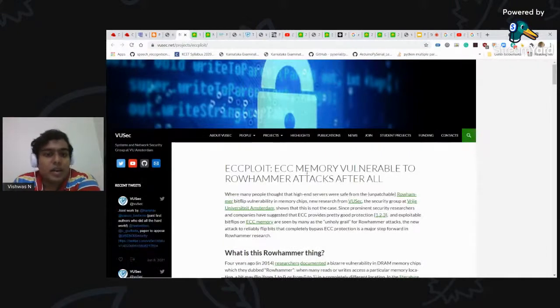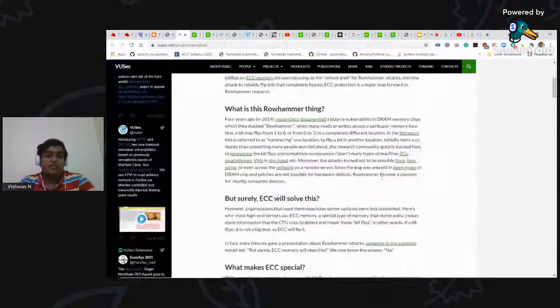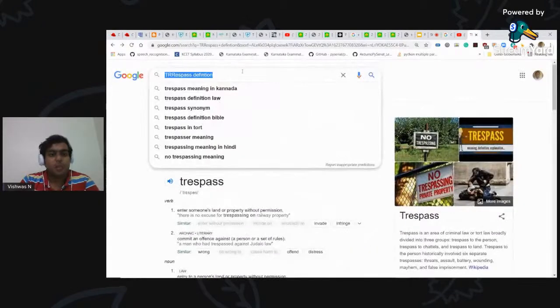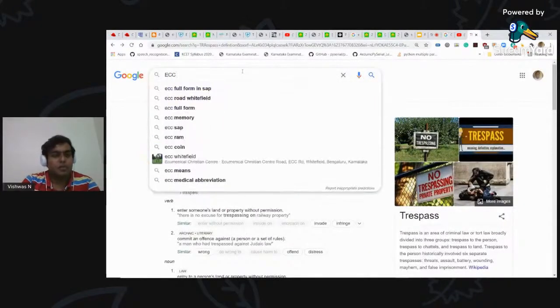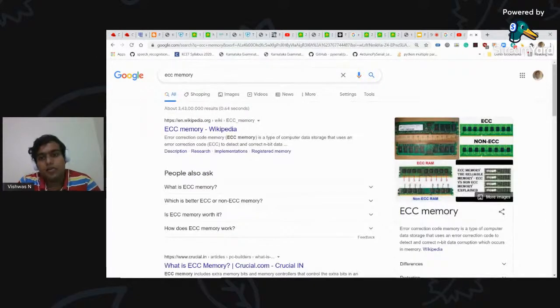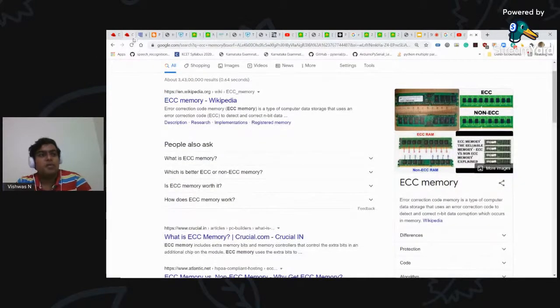ECC memory vulnerabilities to Rowhammer attacks. After all, it's basically commands which are just elastic. ECC memory, elastic cloud compute. So, error correction code memory. I was just joking there.